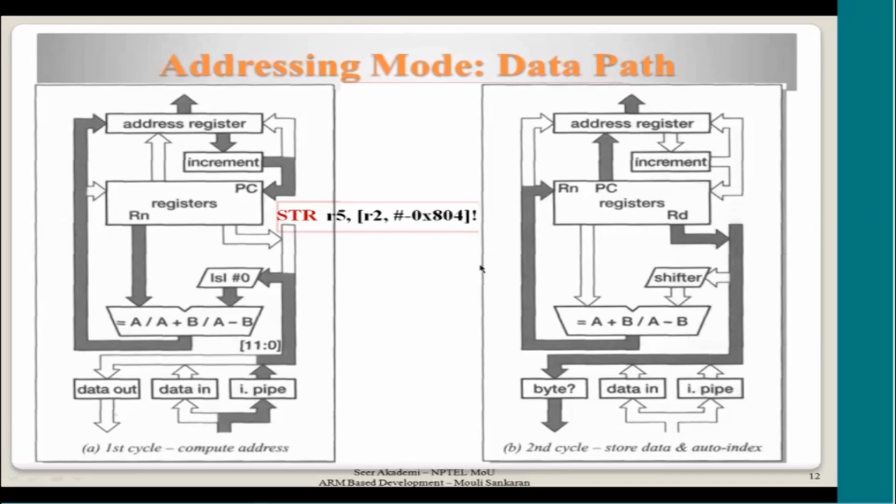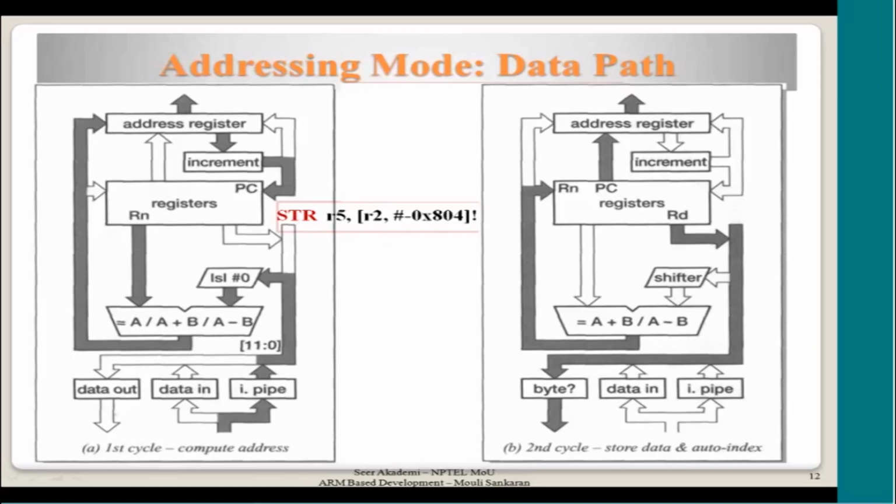Now let us see. I explained the whole thing with a store. Now what happens with the load? With the explanation so far, you should be able to deduce what happens in the load. Let us see. Suppose it was a load.